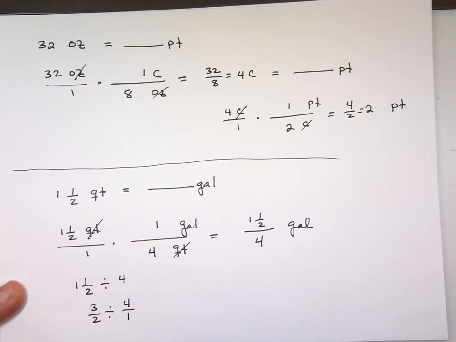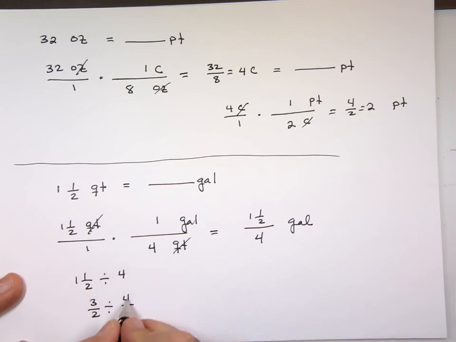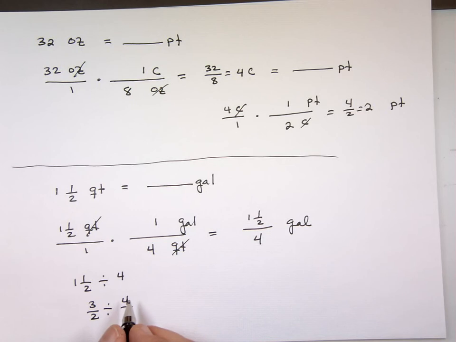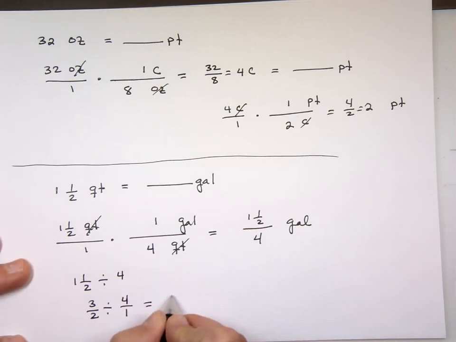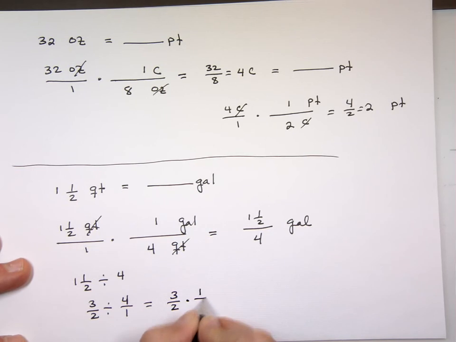Yep, when you have division, KFC. Keep, change, flip, so that'll be what? 3 over 2 times 1 over 4. 3 times 1, 3, 2 times 4, 8. 3/8 gallon.